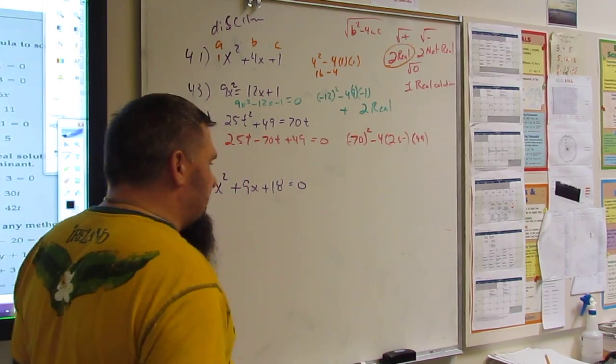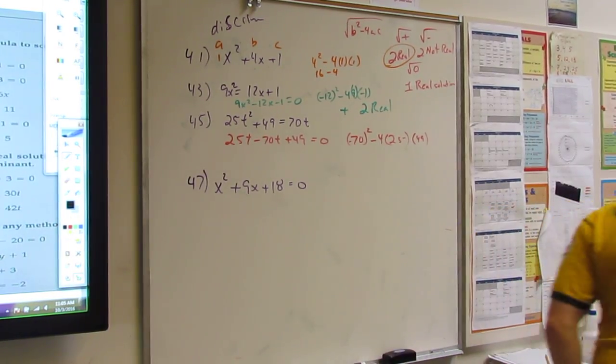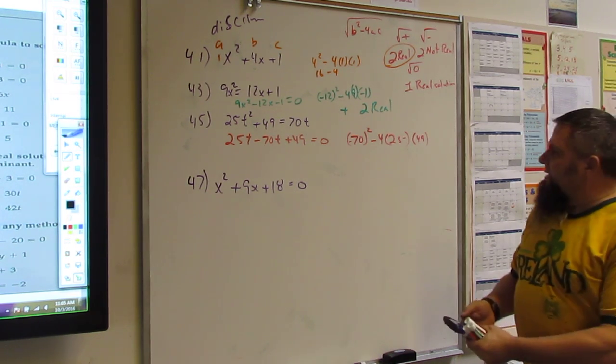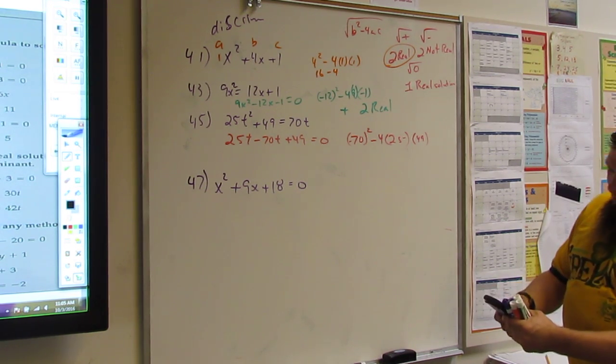So then I take my calculator out and go, well, what is 70 squared?